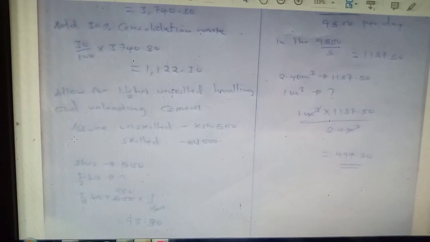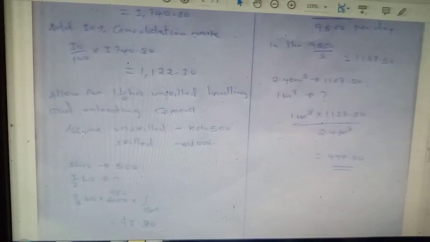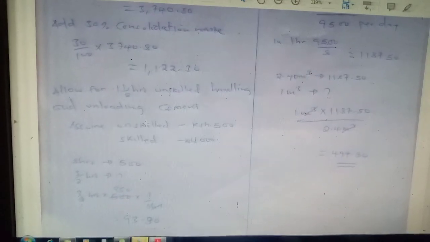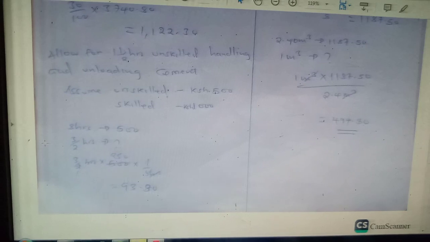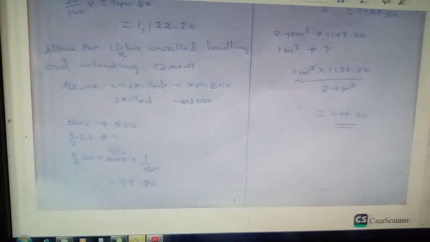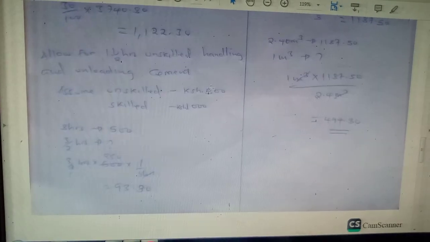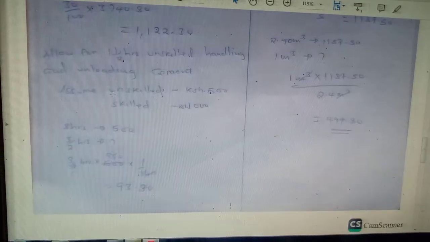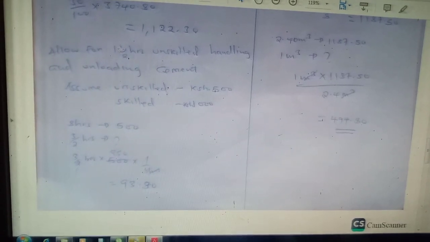Then I've written, because we were not given the values, the cost for the skilled and the unskilled, I'll then assume that unskilled will be paid 500 shillings, then skilled will be paid 1000 shillings. So you'll say this 500 shillings is a whole day's work, 8 working hours is 500 shillings. But we need the cost for 3/2, which is 1.5 hours.